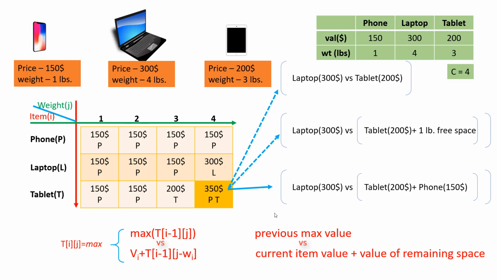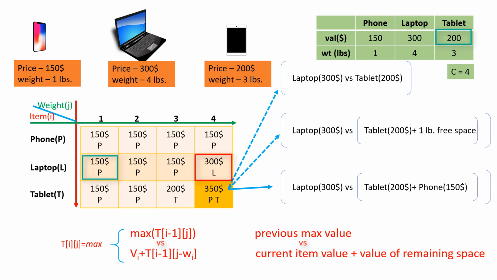When we were filling this table for the tablet, for the last value, we can see the previous maximum value which we have achieved, which is $300. And the second one, we can use the current item value, which is vi plus T[i-1][j-wi]. It means use the current item value plus the value of the remaining space.